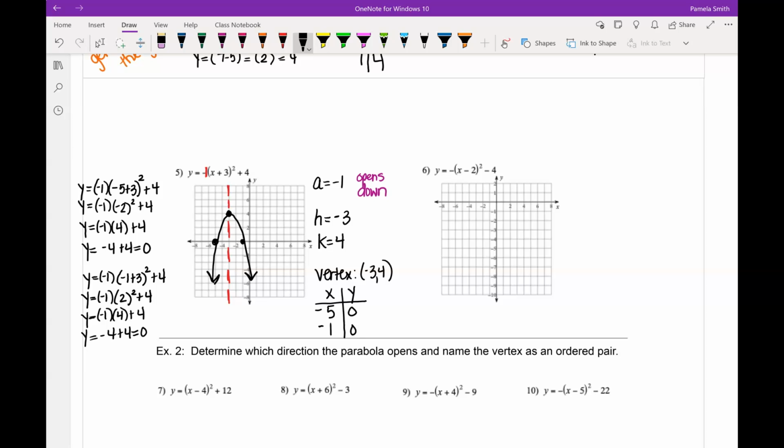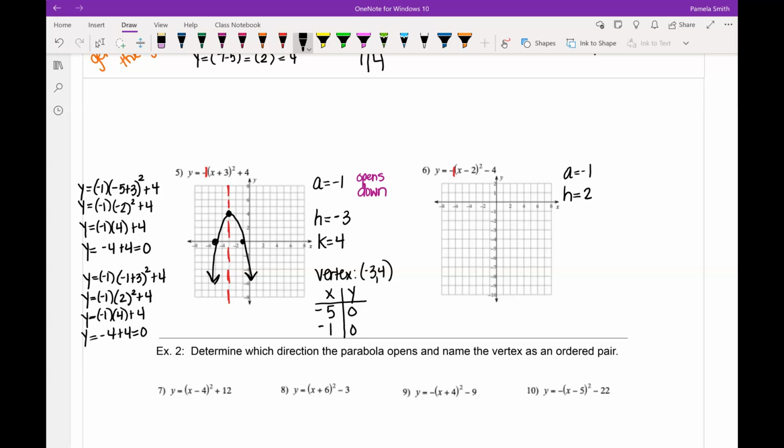And number 6 is going to be very similar in nature to what we just did in number 5. Again, you have that negative outside the parentheses that you have to take into account. Remembering that's really like saying there's a -1 out there. So here a equals -1.